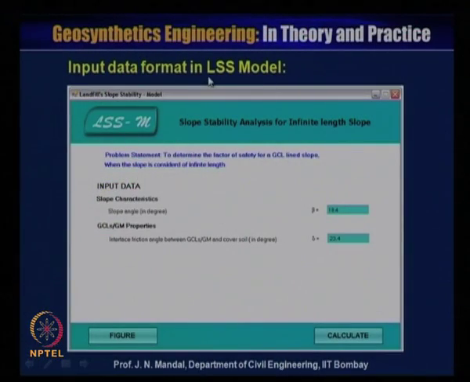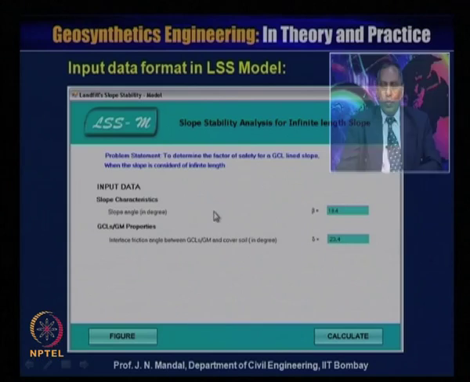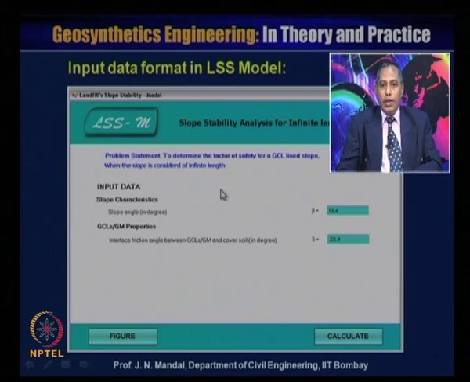So, this is the input data format in the landfill slope stability model, and this is slope stability analysis for an infinite length slope. Now, the problem statement is to determine the factor of safety for a geosynthetic clay liner or geomembrane lined slope, where the slope is considered to be of infinite length.